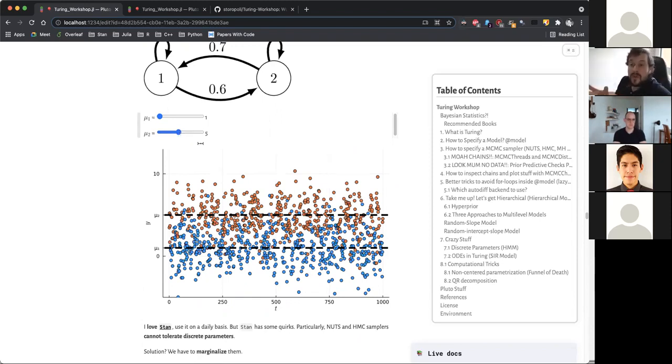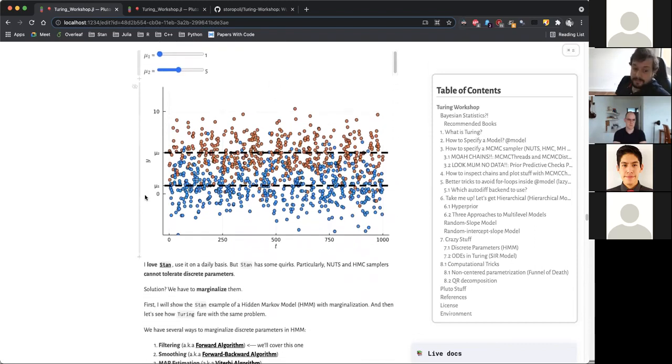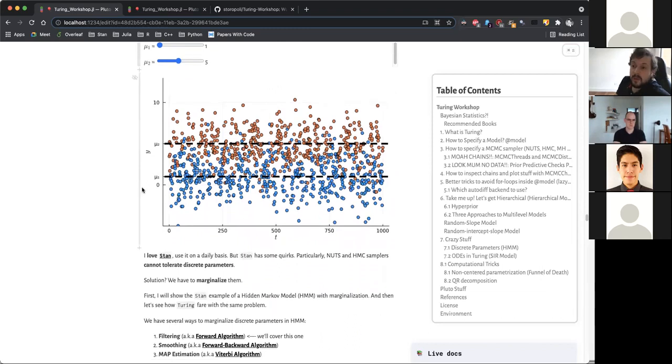In the real world, we don't know the states. They are hidden from us. That's why they are latent. And we have to estimate them. How do we do that? Stan does not tolerate discrete parameters, because everything has to have a derivative.